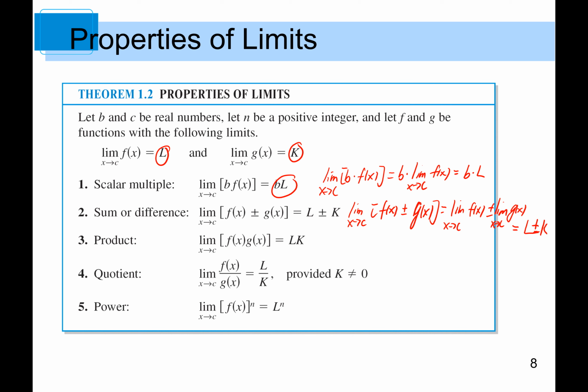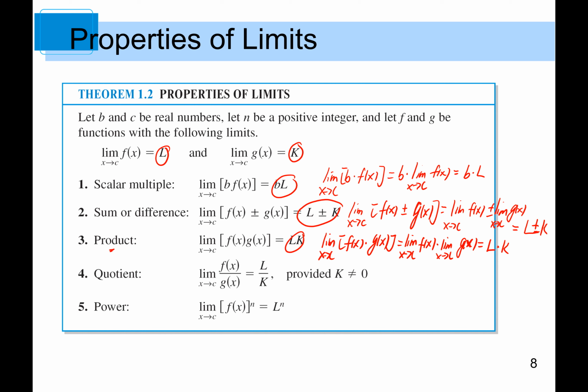So this is like a quick proof of all these outcomes, right? And the product: the limit as x approaches c for f of x times g of x, you can separate into two different limits and multiply them. The limit for f of x is L, the limit for g of x is k. So L times k.